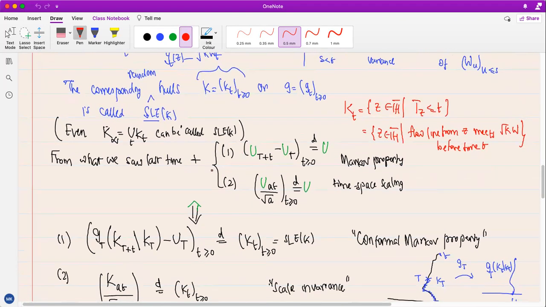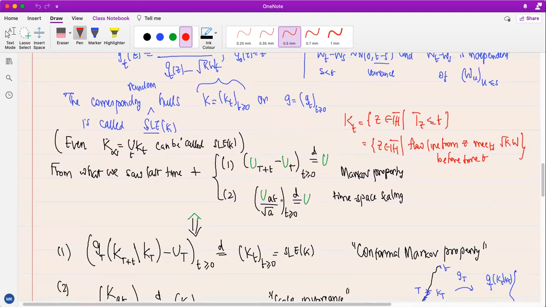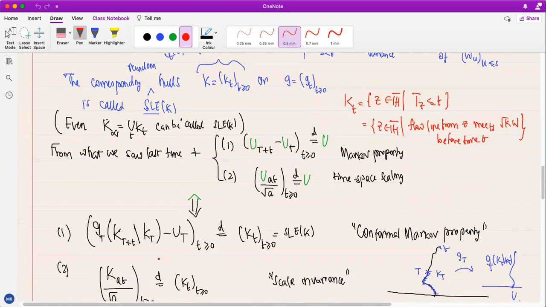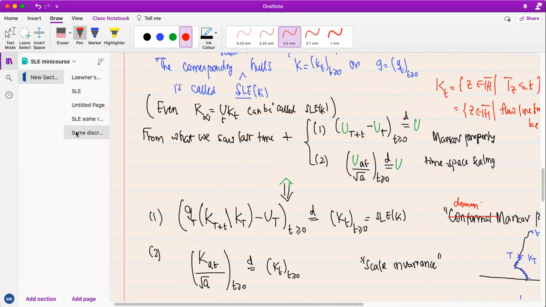What I mentioned was that square root kappa times Brownian motion has two properties, the Markov property and the time-space scaling property, which is equivalent on the Loewner side to these hulls having the scale invariance property and the domain Markov property, what I called conformal Markov. So whatever it is, it has to be SLE. Great, thanks.